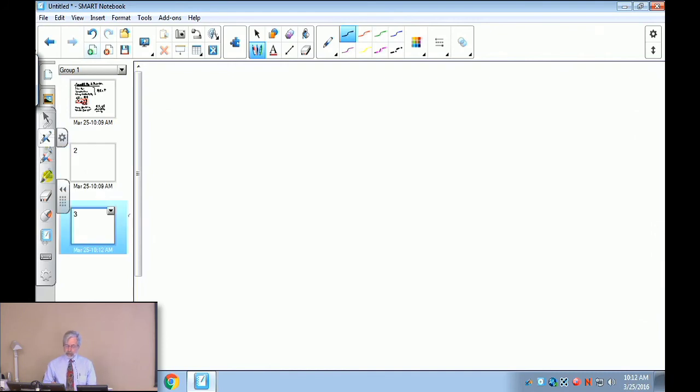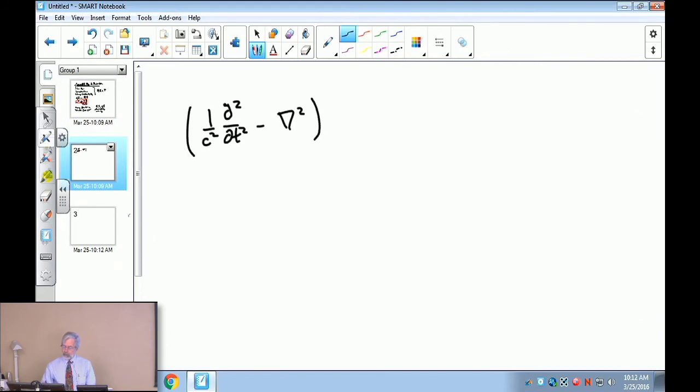So I'll first write down the form of the wave equation, and I guess we'll write it down in this form. In particular, you find, for example, that phi satisfies this equation even with the presence of rho.